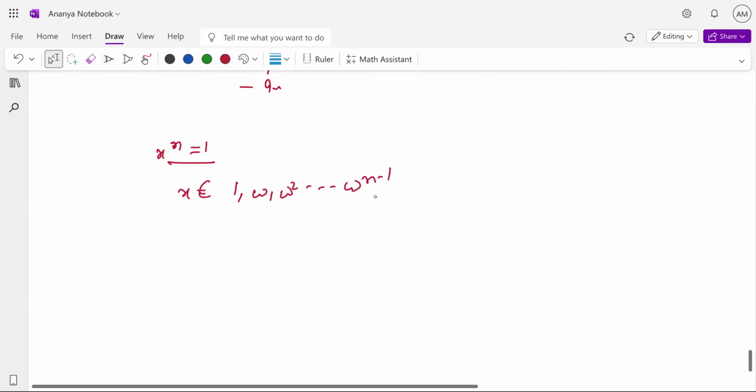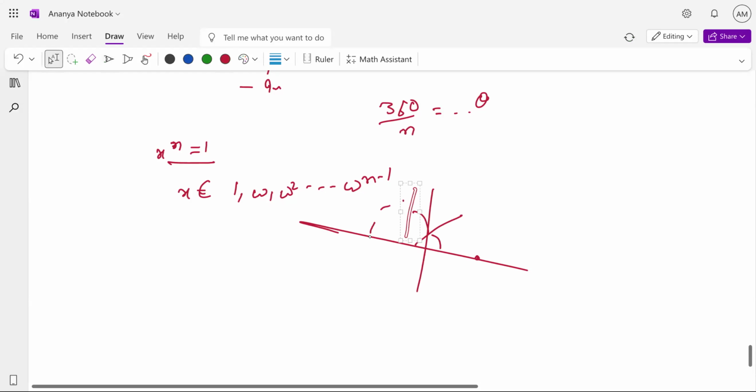Is that clear? Yes, sir. Now you have to divide the 360 by this n. So whatever angle you are going, it will be an equally distributed angle. If you plot those on the Argand plane, one will be here, and after that, whatever angle theta you get, then another theta. In this format you will have the whole thing. Is that clear? Yes, sir.